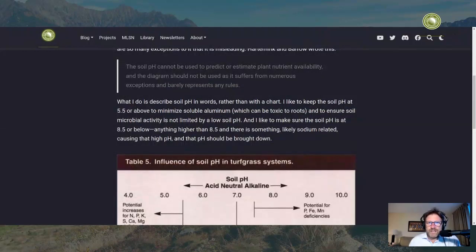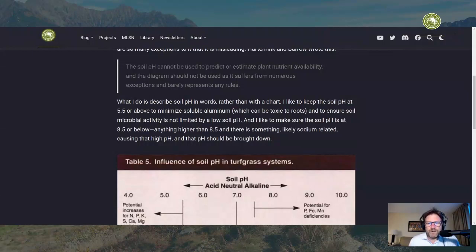And I mentioned that I like to keep the soil pH at 5.5 or above. The reason that I want to do that is to minimize soluble aluminum. Soluble aluminum is toxic to roots, or can be toxic to roots if there's enough of it. And I also like to keep the soil pH at 5.5 or above to ensure that soil microbial activity is not limited by a low soil pH.